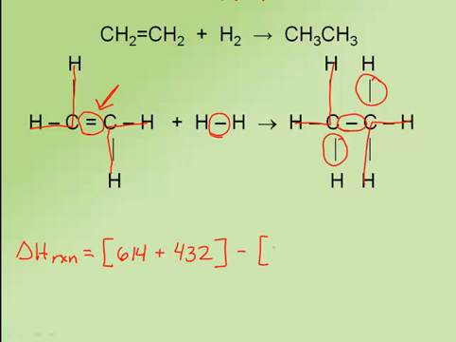A carbon-carbon single bond has a bond energy of 347 kilojoules. And a carbon to hydrogen bond is 413 kilojoules. We need to multiply that by 2 because there's 2 of those bonds forming on the product side. Adding up these numbers, we get that the heat of reaction is negative 127 kilojoules.